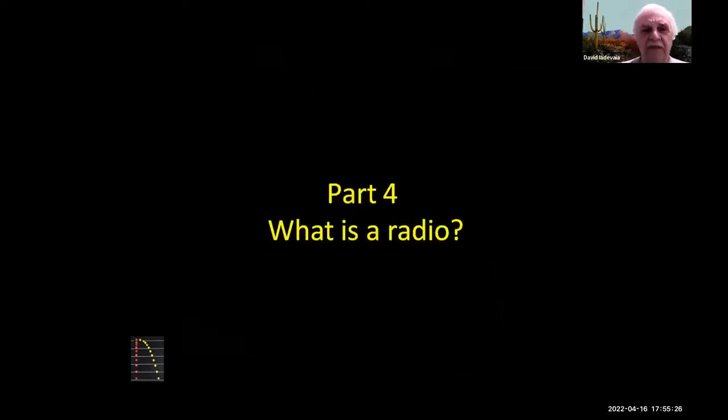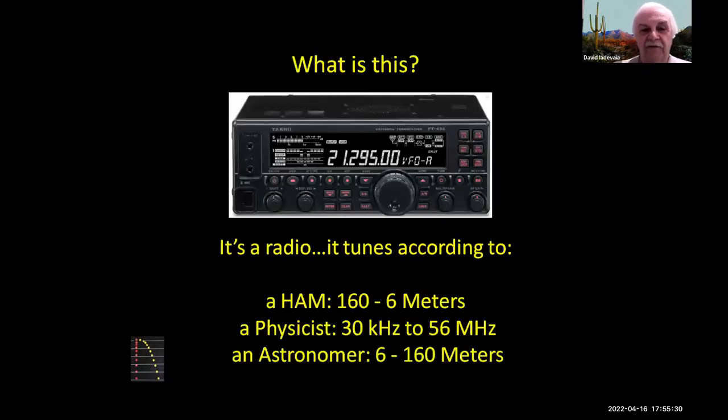So let's take a brief chat into what is a radio. And of course, all the hams in the audience immediately can recognize this as a radio. But what's interesting is if a ham was talking about how this radio tunes, the ham would say it tunes from 160 to 60 meters.